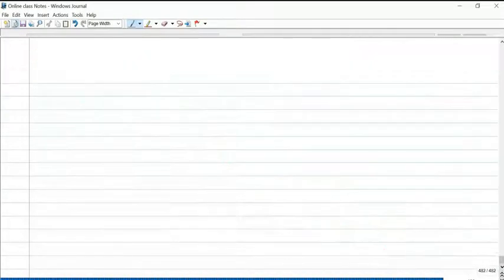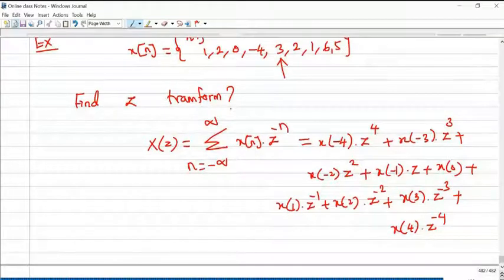And you will get the answer. So even when a sequence is given, you should be ready to solve the Z transform for it.